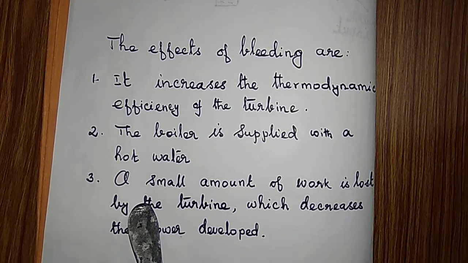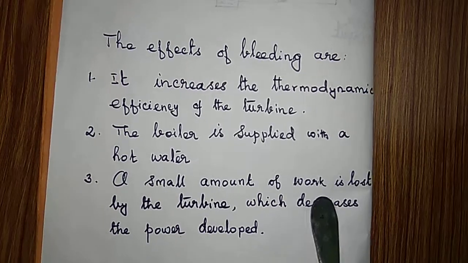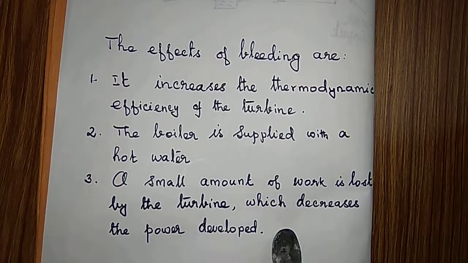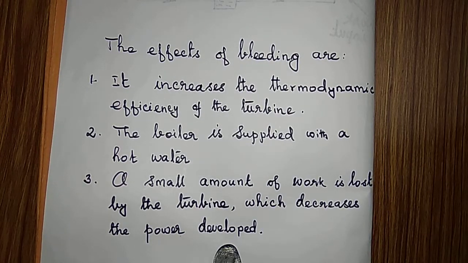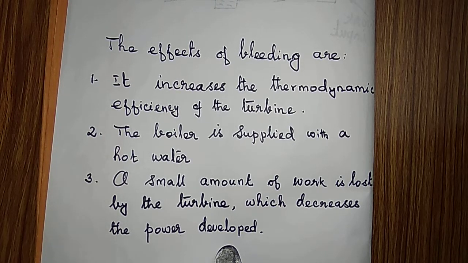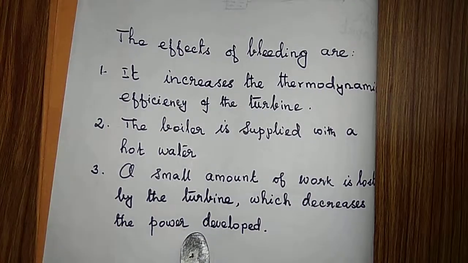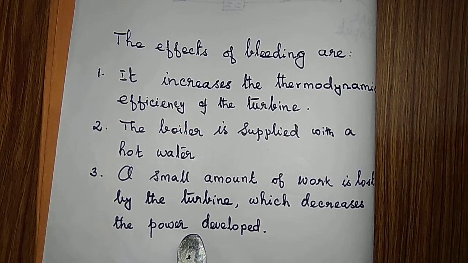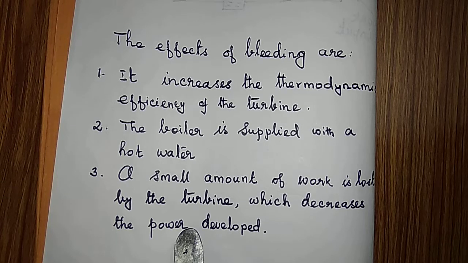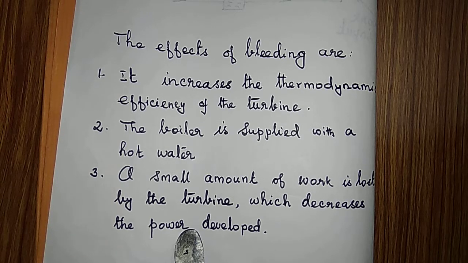Another effect of bleeding is that a small amount of work is lost by the turbine, which decreases the power developed, because you are not allowing the complete 1 kg of steam to pass through the entire stage of the turbine. Part of the steam is drawn for heating the feed water. Definitely we will lose some amount of power developed.